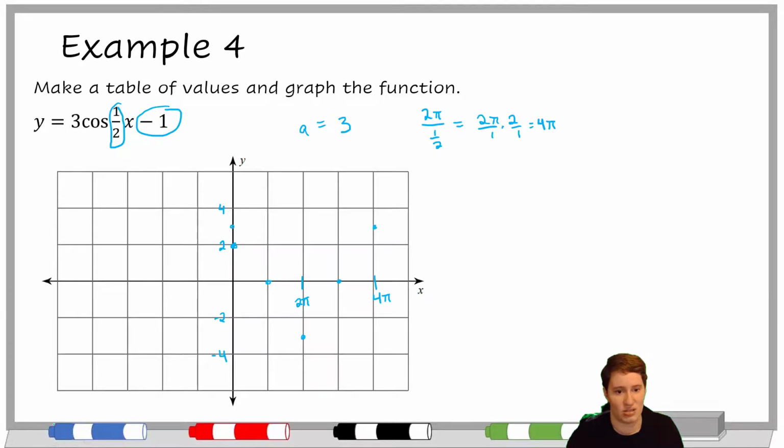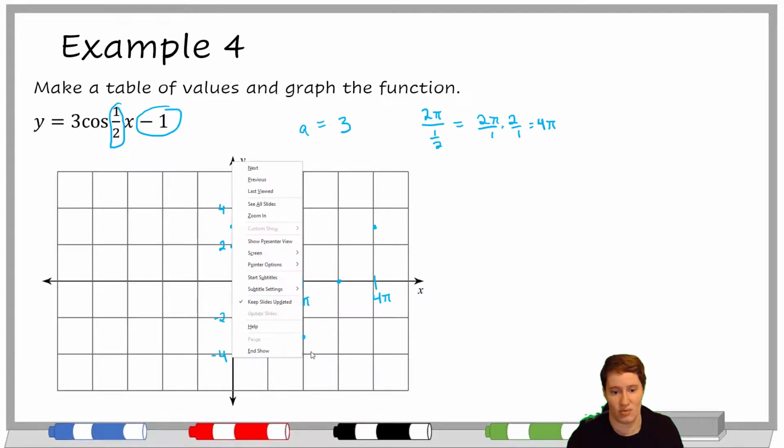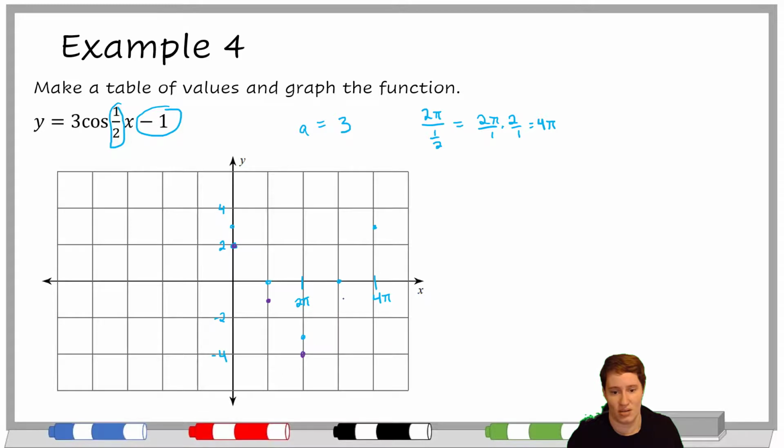All of these need to be shifted down 1. So that gives me this 3 moves to 2, this 0 moves to -1, this -3 moves to -4, this 0 moves to -1, this 3 moves down to 2. So here is our cosine curve right here.